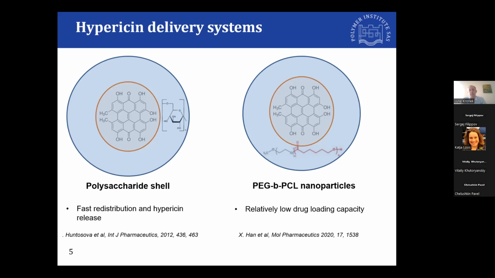The second example was in the paper of Professor Han. He used block polymers of polyethylene glycol and polycaprolactone, but they observed very low drug loading capacity and low stability of the prepared nanoparticles.